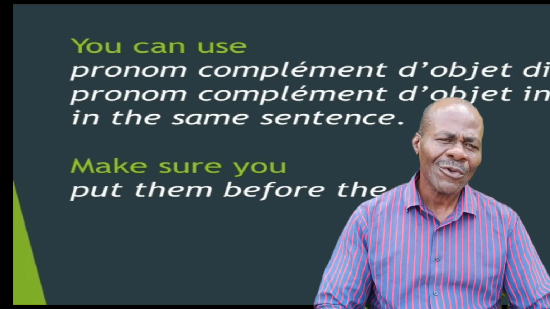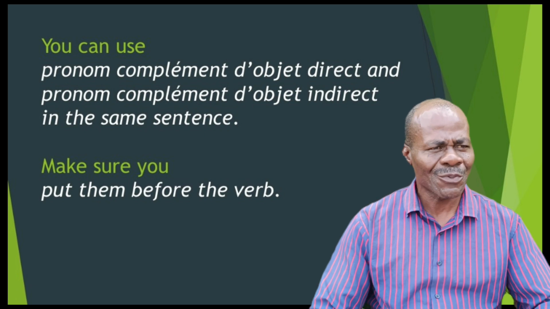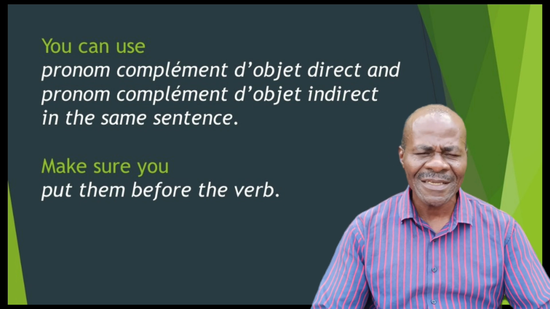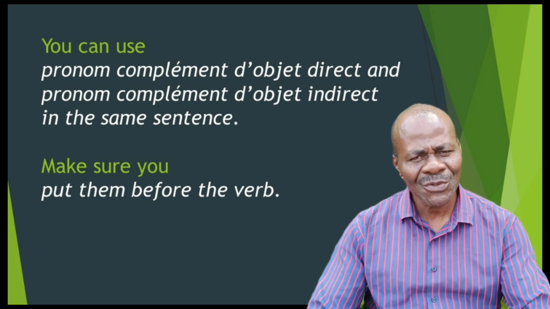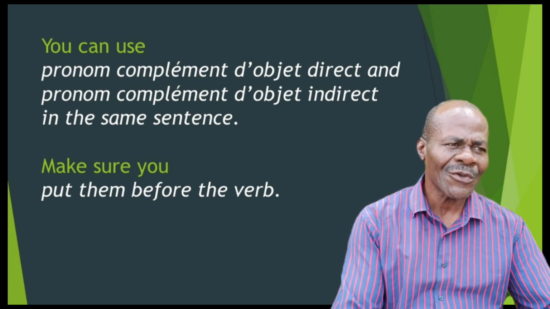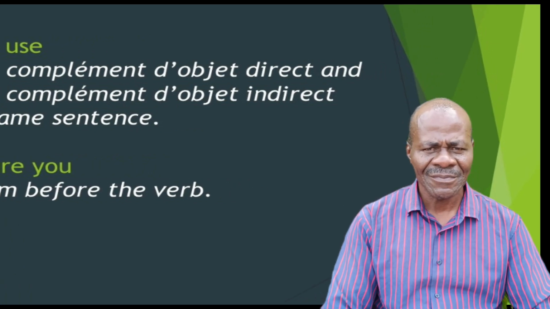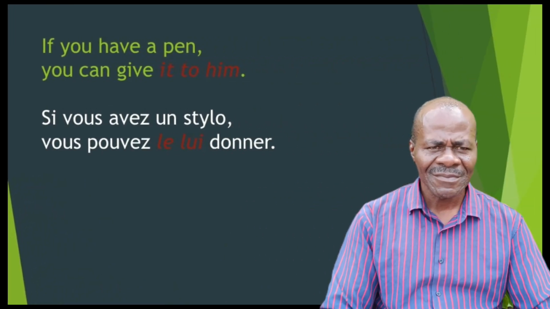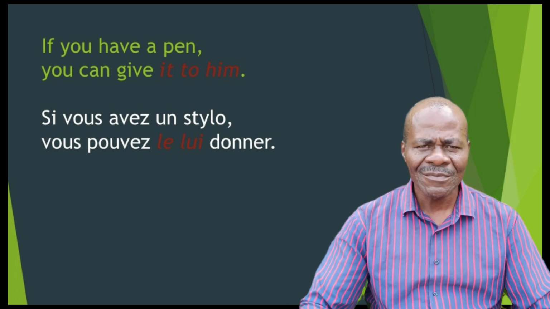Attention. You can also use more than one pronoun complement in a sentence. You can use pronom complément d'objet direct and pronom complément d'objet indirect in the same sentence without any problem. Just make sure that you put them before your verbs. Example. If you have a pen, you can give it to him.